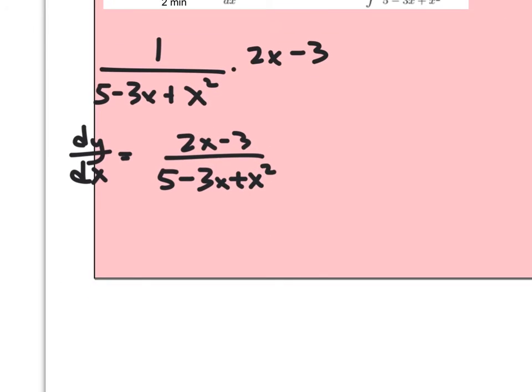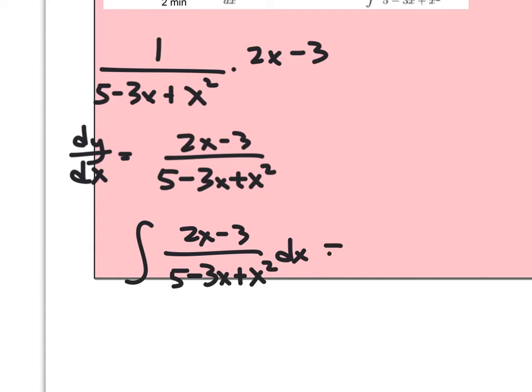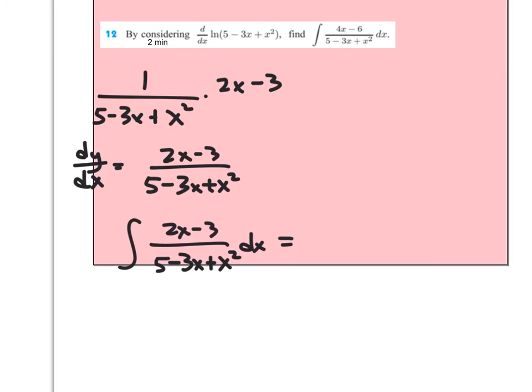So that tells me that the integral of 2x minus 3 over 5 minus 3x plus x squared dx is equal to the natural log of 5 minus 3x plus x squared plus c.